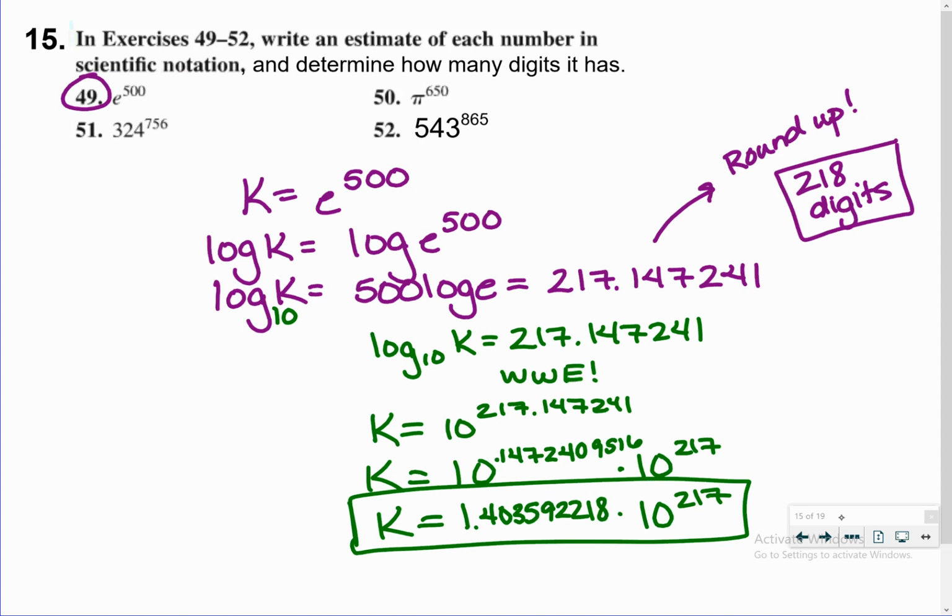Okay. Questions? Yep. Okay. So you have to get that number in your calculator first. So you got to do 500 log E. Yep. That's the number. Take away the 217. So I'm not typing the number in. I'm just doing the previous answer. There's all those decimal places. And then 10 to that power.